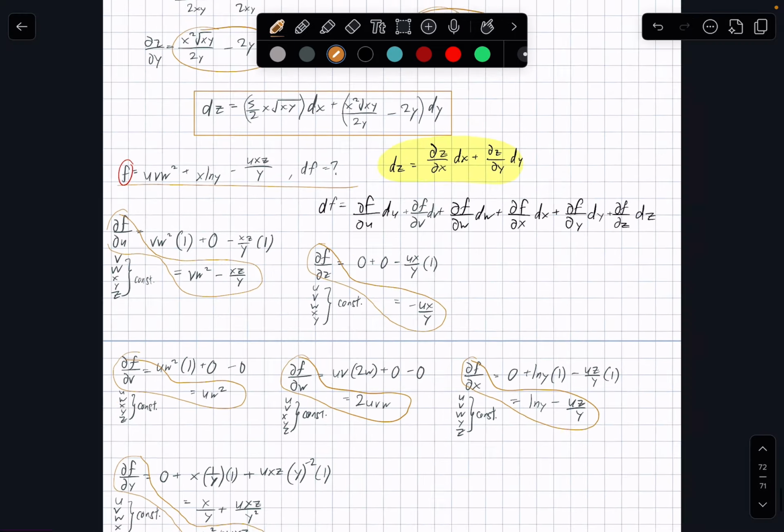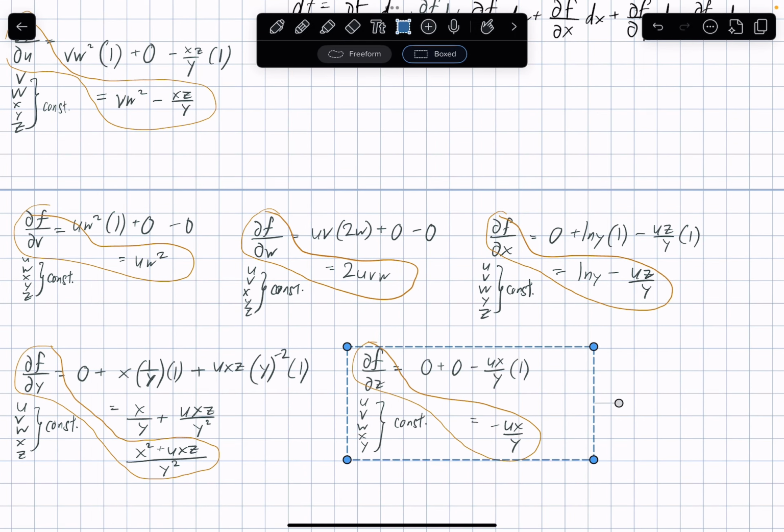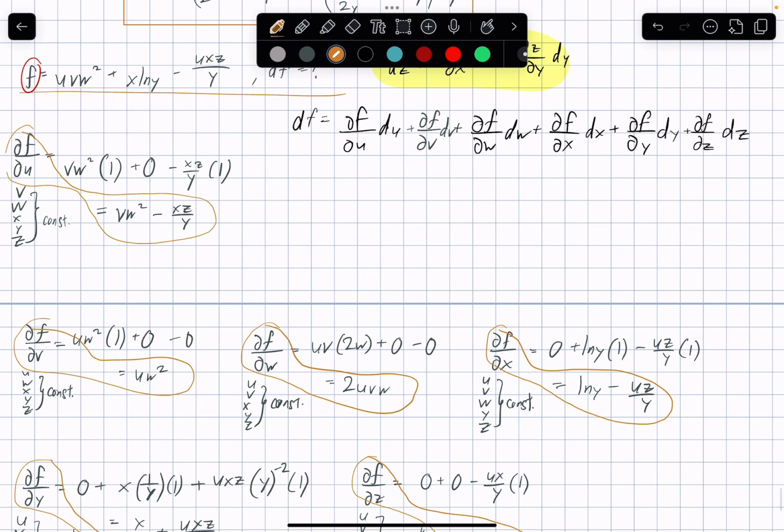So, are we done? I believe so. Using all of these values, we just put them in one expression. So, just combine. Substitute.